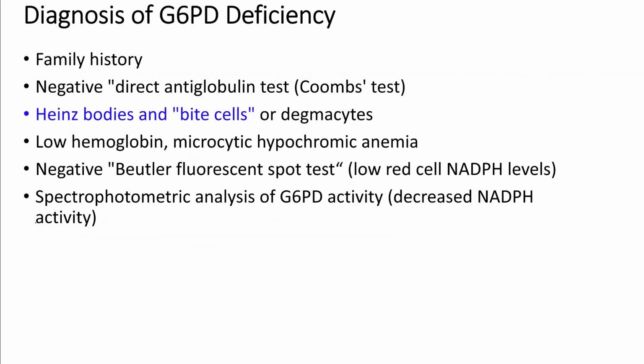Coming to how you diagnose G6PD deficiency. You start with the family history. A couple of things that you should look for, especially when you look at the case stem: look for family history.